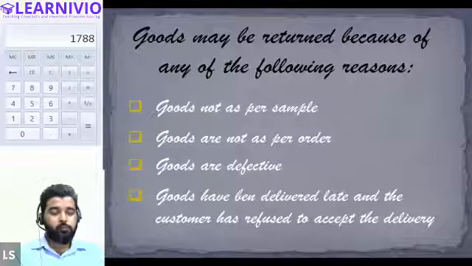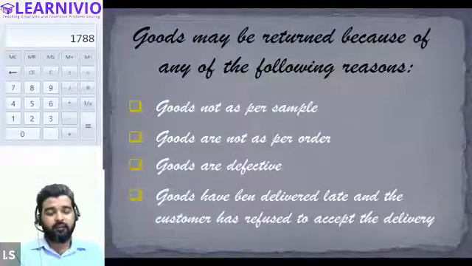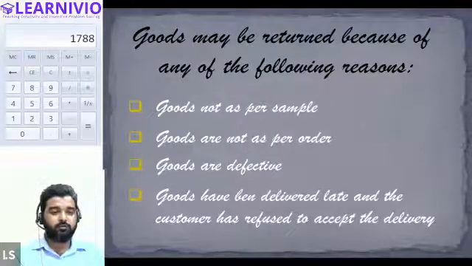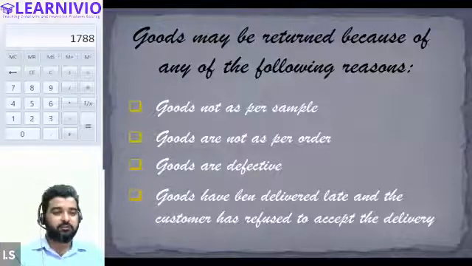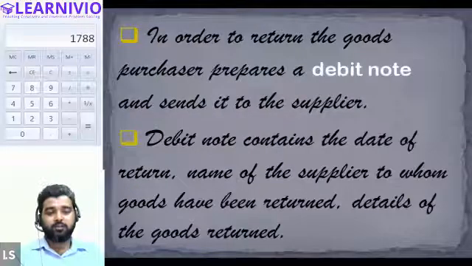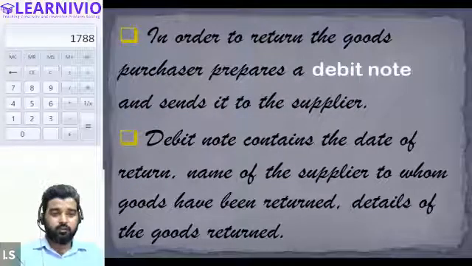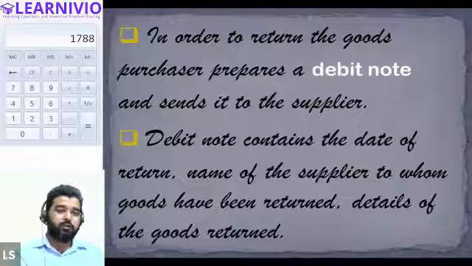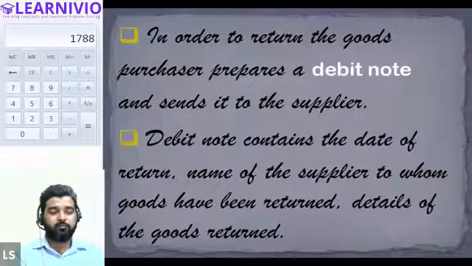I also told you why a company can return goods to the supplier. The possible reasons are: goods not as per the sample or the order, or the goods are defective, but there can be some other reasons. In order to return the goods, we prepare a debit note.